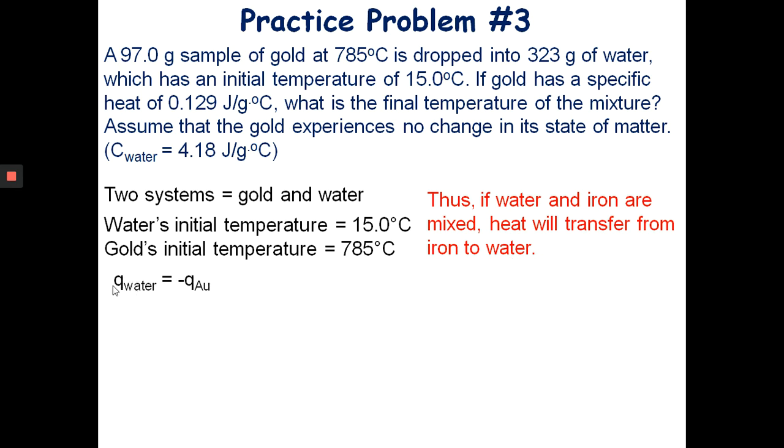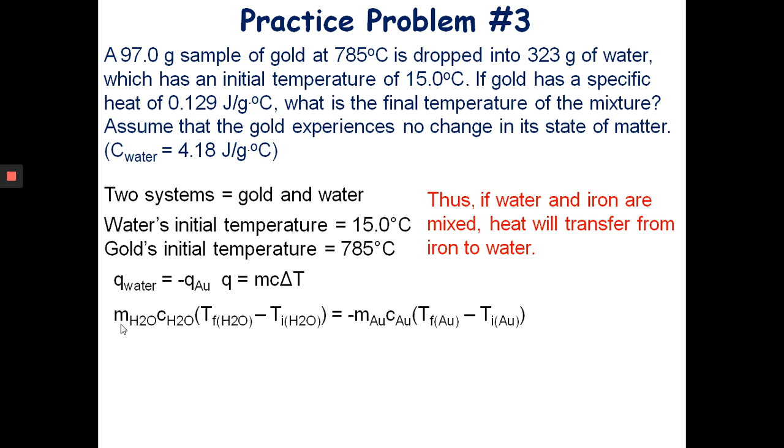All right, so the amount of heat energy that's gained by the water is equivalent to the amount of heat energy that's given off by the gold. Just that one side has to have a negative sign. The amount of energy is mcΔT, so I'm going to do the same thing as in the last problem and rewrite the two systems in terms of mcΔT.